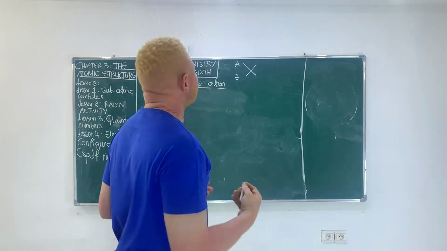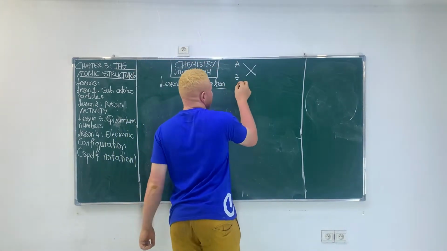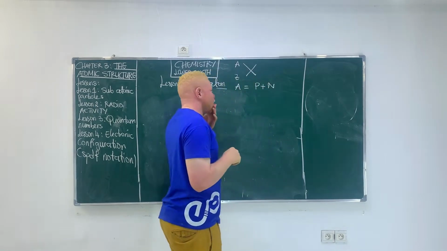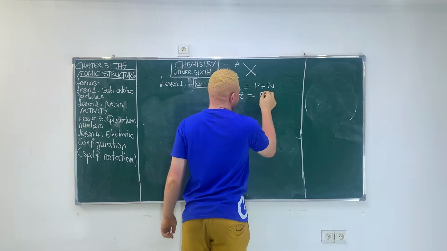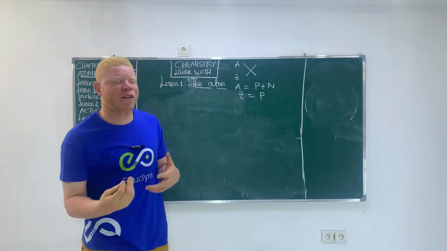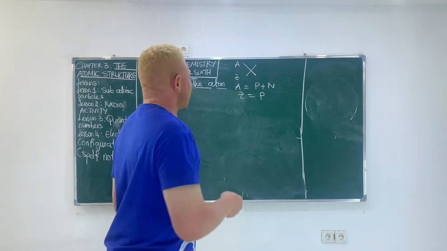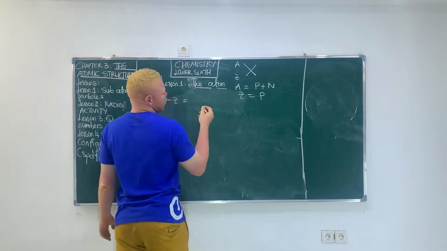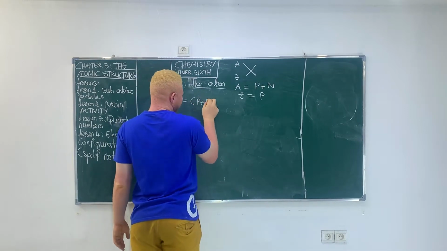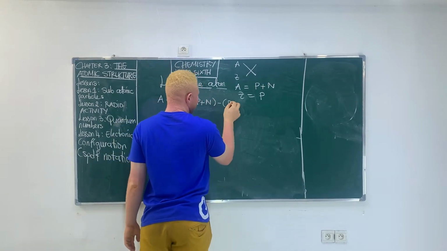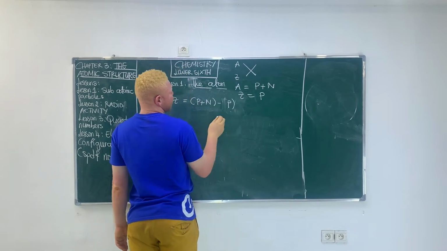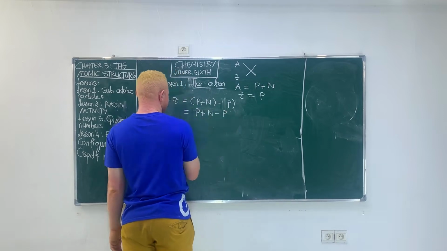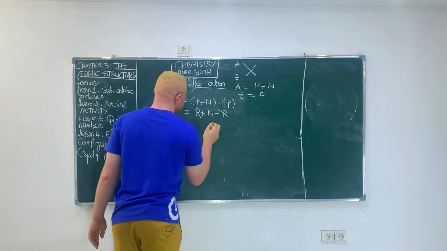The mass number is simply the sum of protons plus neutrons. So A is the protons plus the neutrons. Then Z is the proton number. Let's do the mathematical operation A minus Z. We have A minus Z equals P plus N minus P. The P cancels.